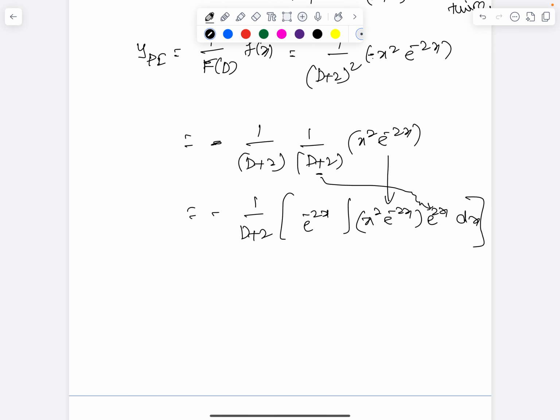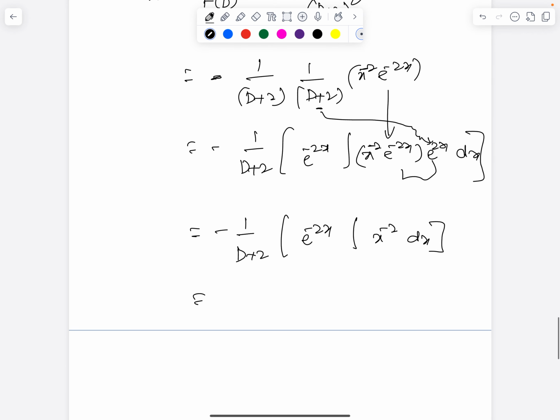Therefore, if you try to simplify this, minus 1 by (D plus 2) e power minus 2x, this is minus, actually minus, the integral. So, x power minus 2 dx is left over, because those two terms are becoming 1.